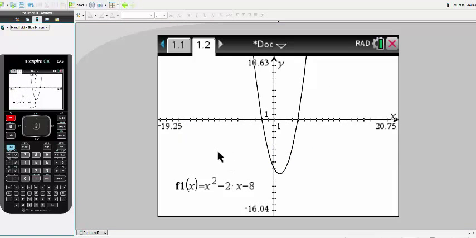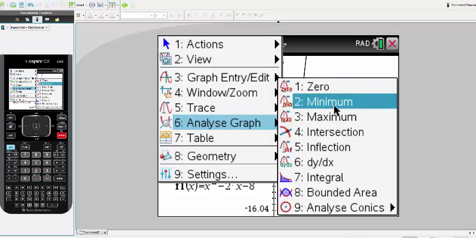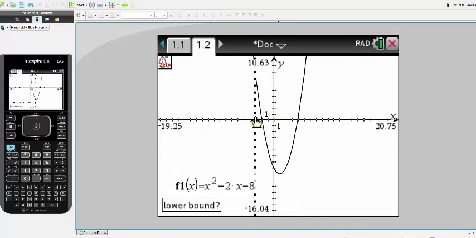Okay, so basically we can see here that the function is crossing the x-axis at x is equal to minus 2 over here, and here where x is equal to 4. We can also confirm that with the calculator. We're going to analyze the graph, zero. Since we just have one function in the window, we can start right away.